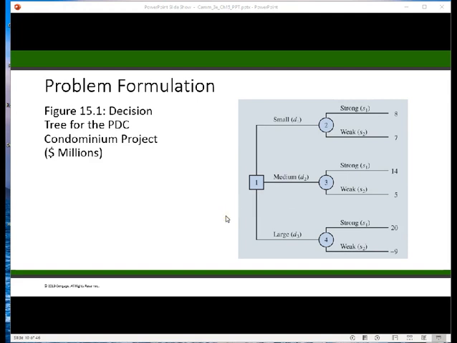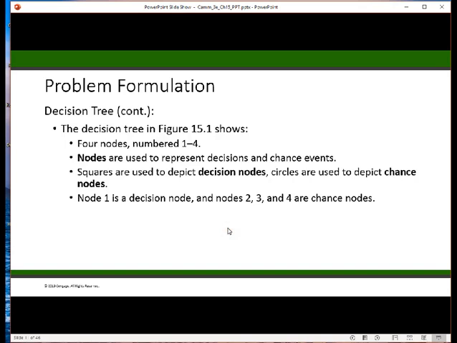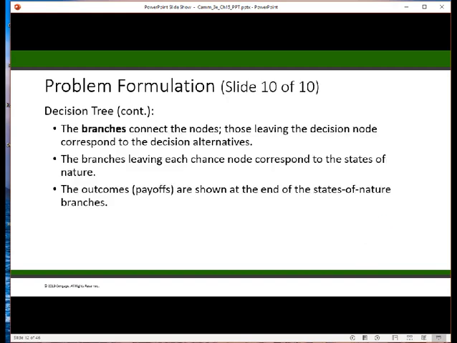Node 1 is for our decision, and nodes 2, 3, and 4 are for the chance events. The branches connect the nodes, and the branches leaving our decision node represent our decision alternatives.